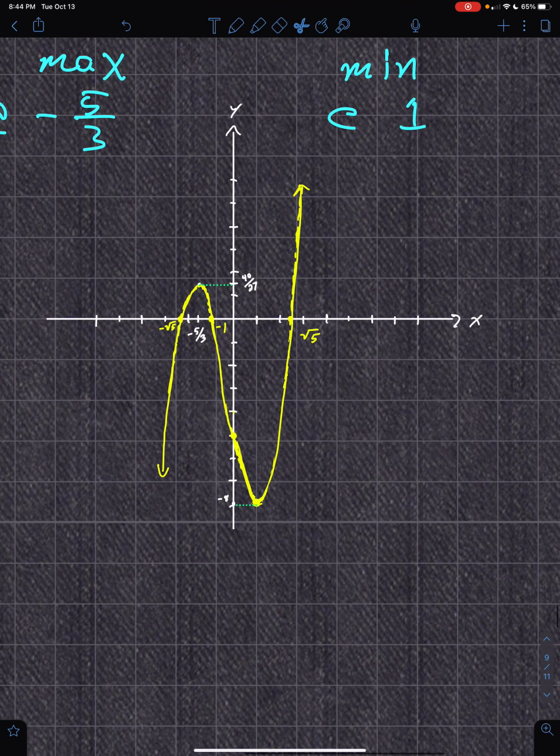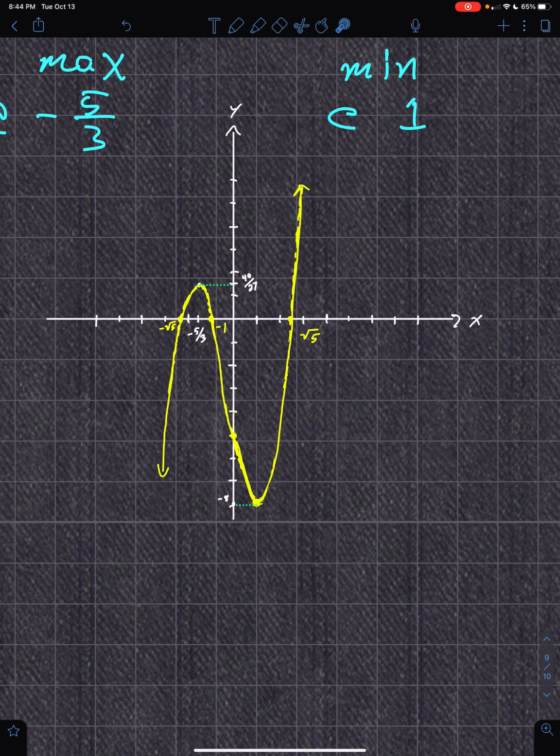Okay, so that's what my graph looks like, and you can see the points. It's increasing all the way to that first value at negative 5/3, and then decreasing. There's the y-intercept right there, all the way to negative 8 at 1, and then increasing, and there's another root, and then it goes up like that.